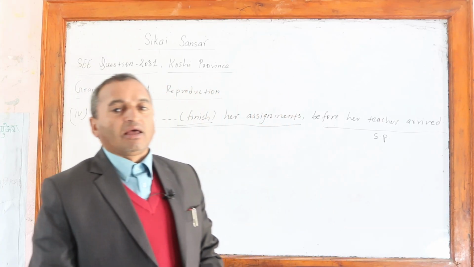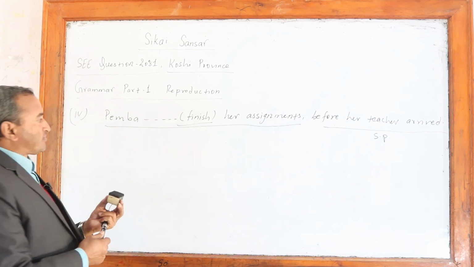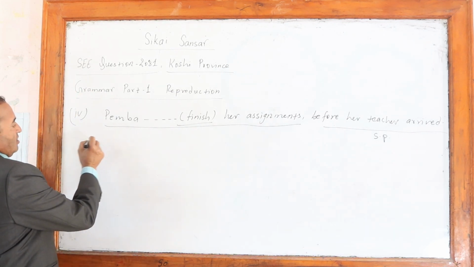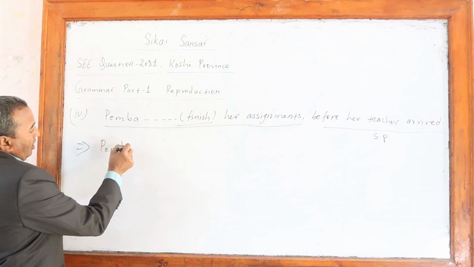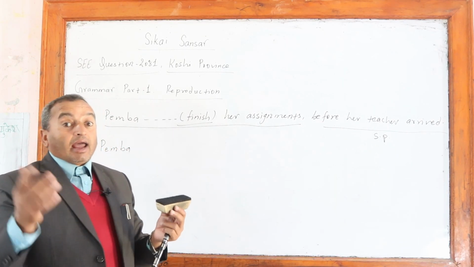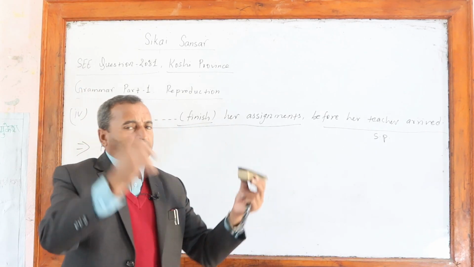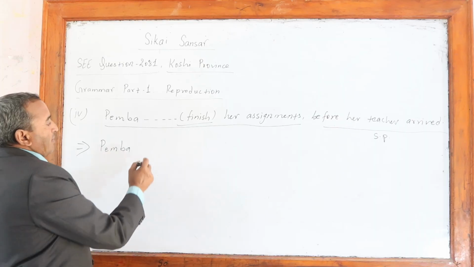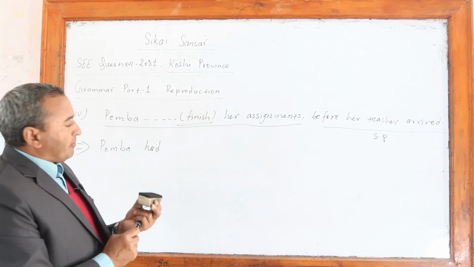So look here, how to make past perfect. What is the subject? Pemba is the subject. To change this verb into past perfect, had is needed because we are going to supply past perfect tense here. So Pemba had. What are the verb forms of finish?